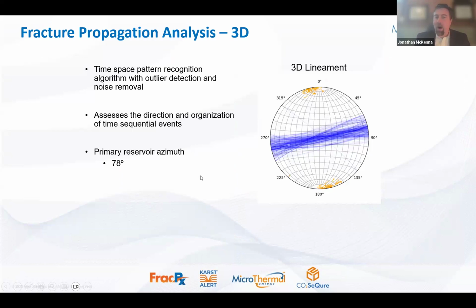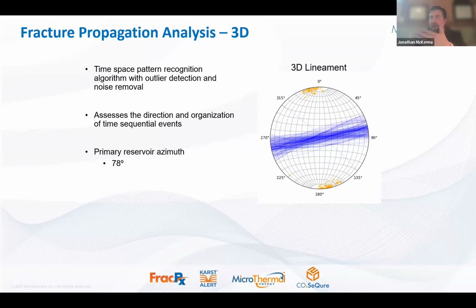And like I said, all focal mechanisms have two potential failure planes. So one of the things we want to do is make sure we get the correct nodal plane. One way we can do that is visually look at the event trend, but then we also have a fracture propagation analysis, or a lineament tool, where we are fitting planes to these events as they propagate in time and space.